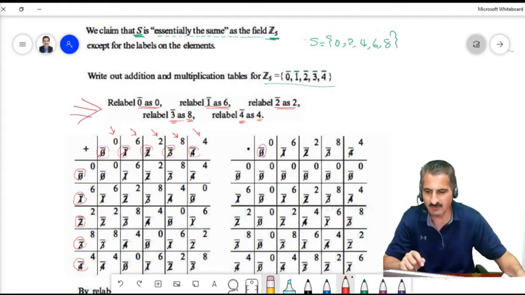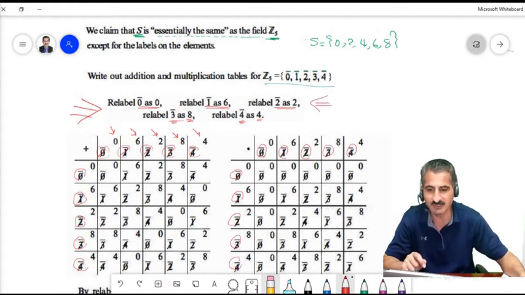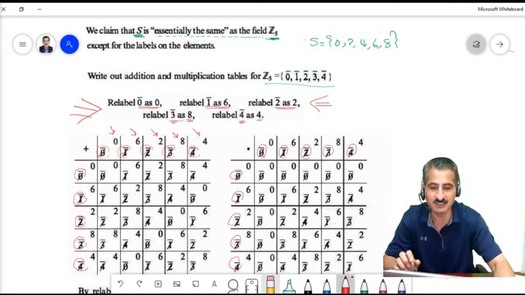Go and do the same thing. Take the table of multiplication inside Z5 and change the labels of the elements in that table to the labels as given here, and the resulting table will be the table of S, in both cases, addition and multiplication.